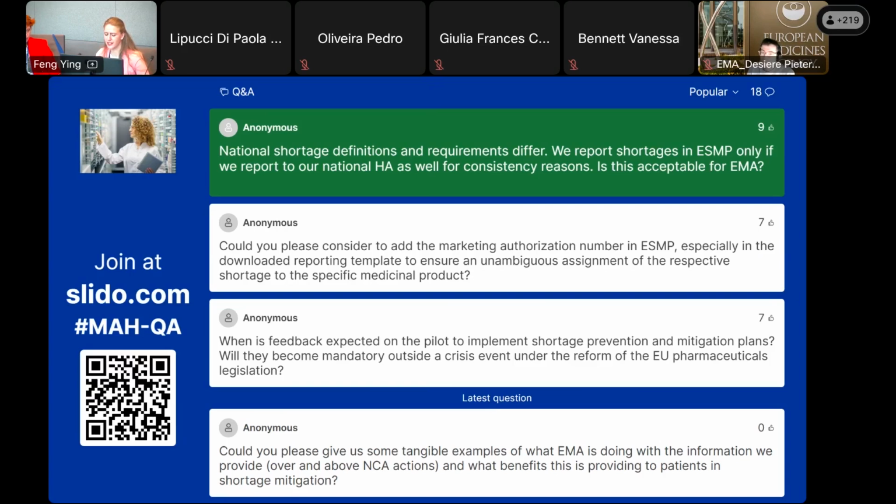According to Regulation 2022/123, a shortage means a situation in which the supply of a medicinal product that is authorized and placed on the market in a member state, or of a CE marked medical device, does not meet the demand for that medicinal product or medical device at a national level, whatever the cause. So in case there is a shortage, it should be notified to EMA.